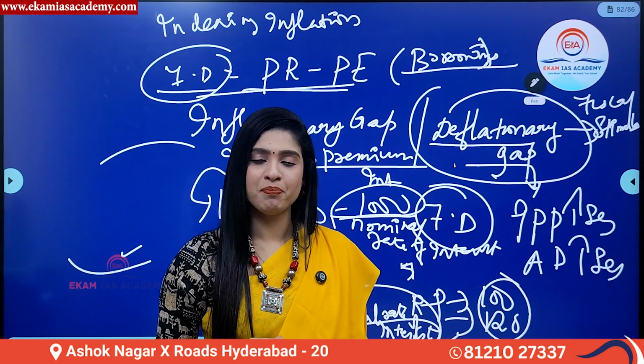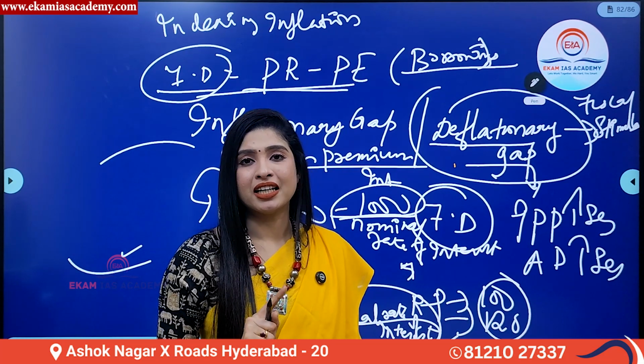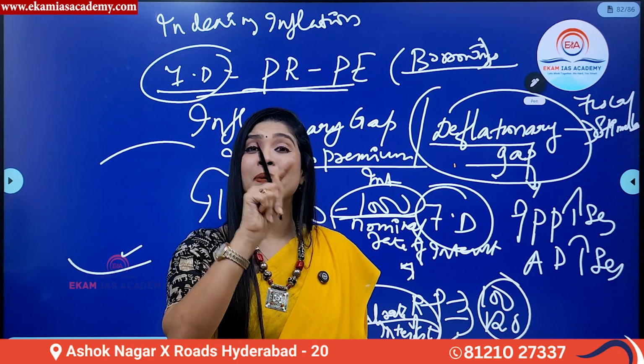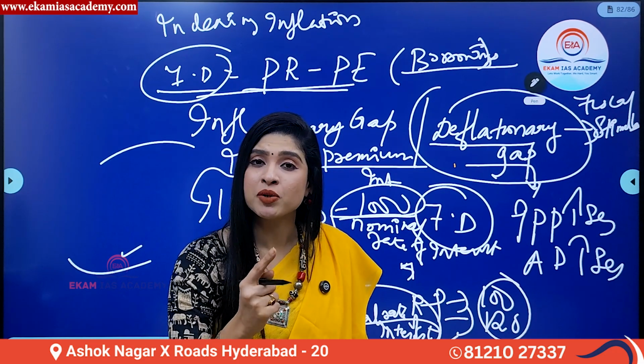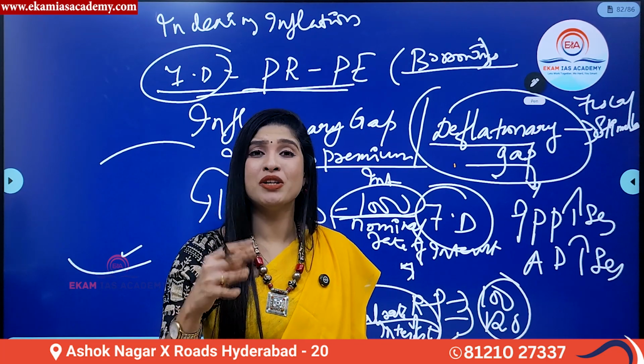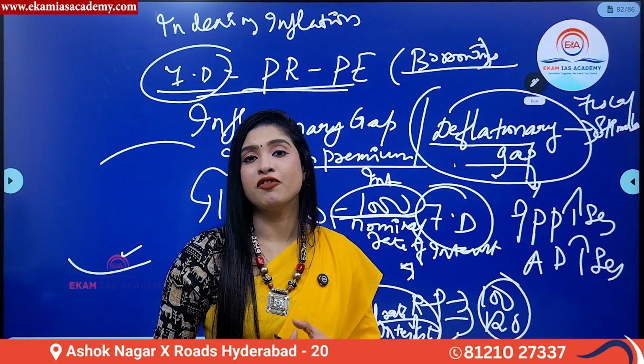That is, without including inflation, you pay the interest at the nominal interest rate. Whereas when people start paying interest at a real interest rate, what happens? Automatically, you end up paying a real amount which takes inflation into consideration. I hope it is very clear for all of you.